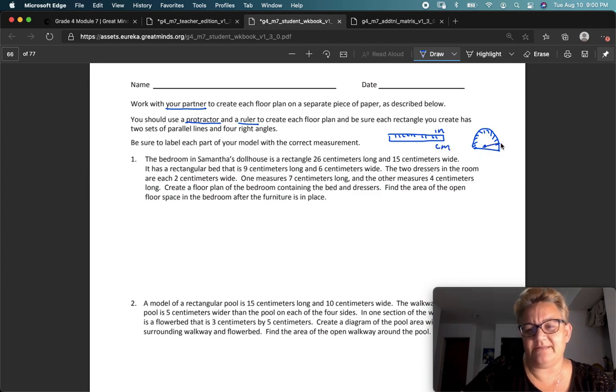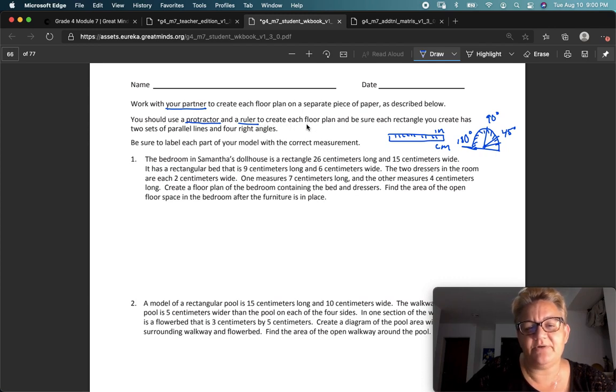And these are degrees, so that would be 90 degrees, and 45 degrees and 180 degrees. So you should have a protractor and a ruler. If you don't have one, please find one or ask your parent to bring one to school.